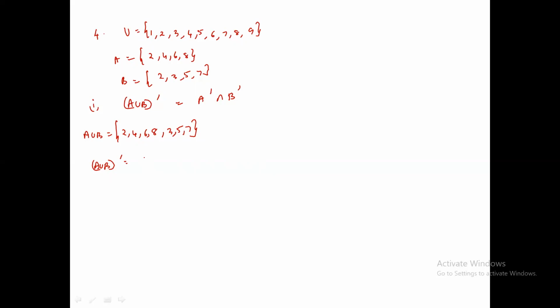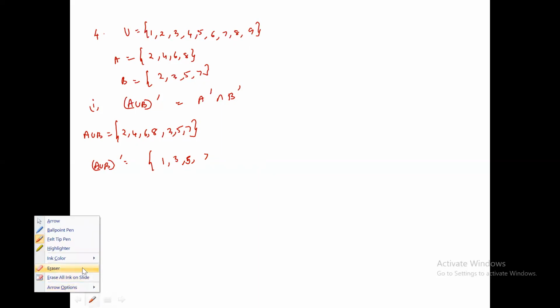So after removing 2, 4, 6, 8, 3, 5, 7, the elements we have are... what else? A union B whole dash.